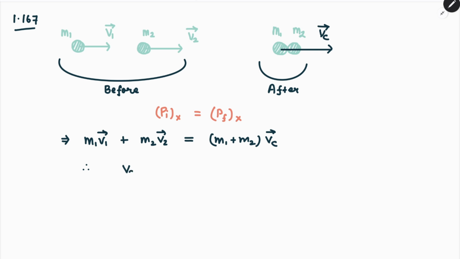Therefore the common velocity vector equals m1 v1 vector plus m2 v2 vector upon m1 plus m2.